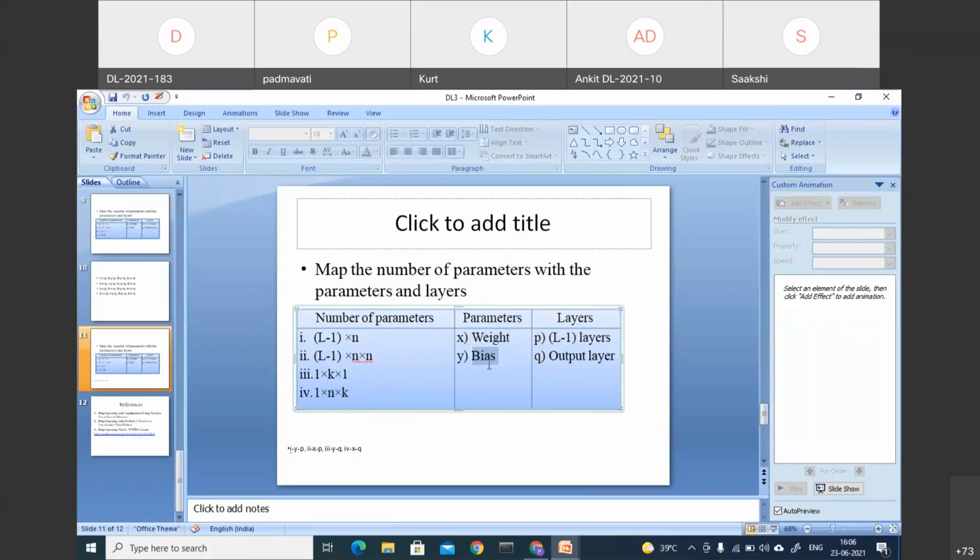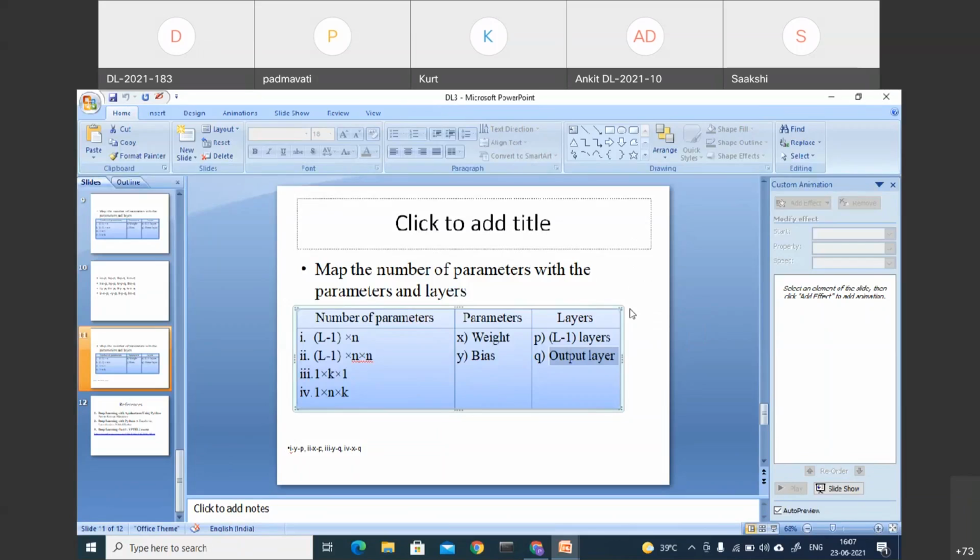Right? Why are we mapping this with the output layer and not a hidden layer? Because we have taken it for the output layer only. For that sake, there is a k cross 1 bias at the output layer. Think that the output layer has 2 neurons and k here is 2.